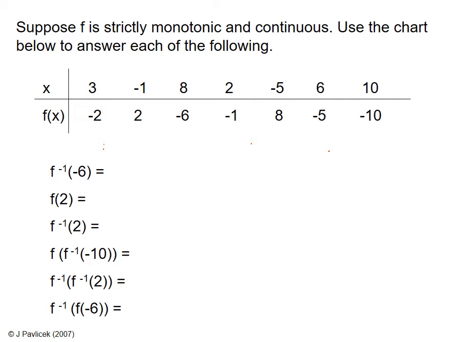Okay, so here is an example. Suppose f is strictly monotonic. Okay, so we know that it's either always increasing or always decreasing. And continuous. Okay, use the chart below to answer each of the following.